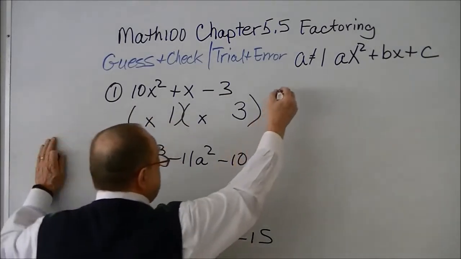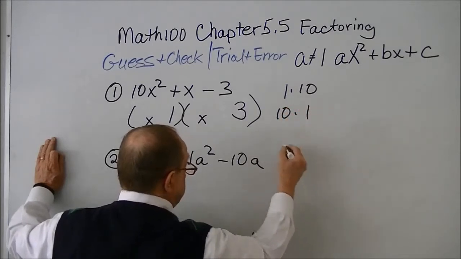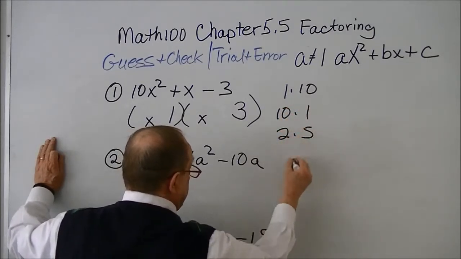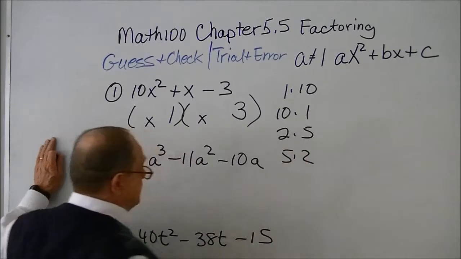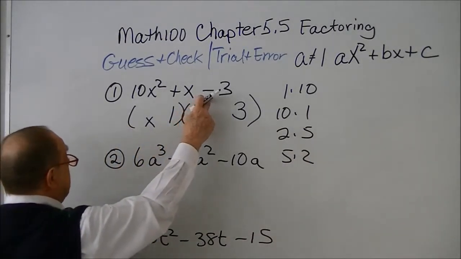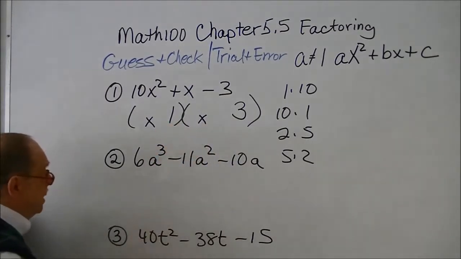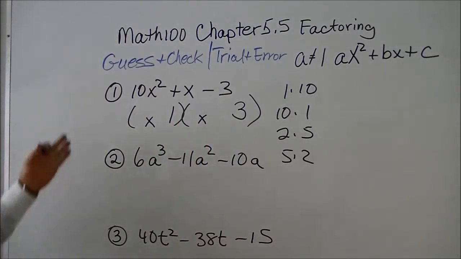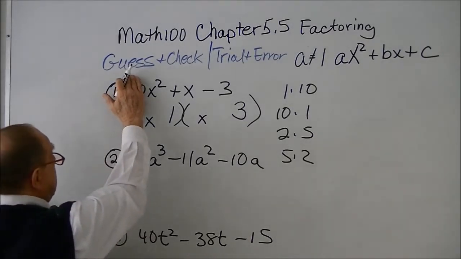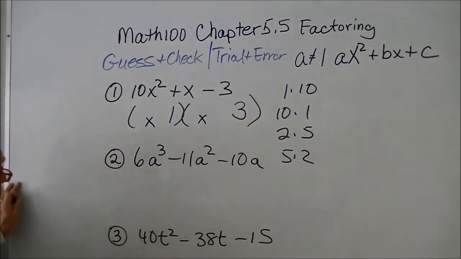And remember, there's 1 times 10, 10 times 1, 2 times 5, 5 times 2. And notice the sign is negative, so one of these is going to be negative and one positive. So a lot going on in just this first example as we use the technique of guess and check, trial and error.